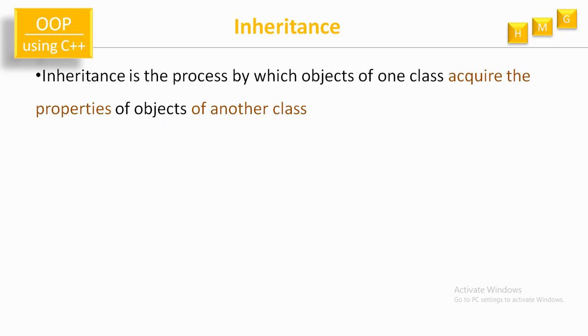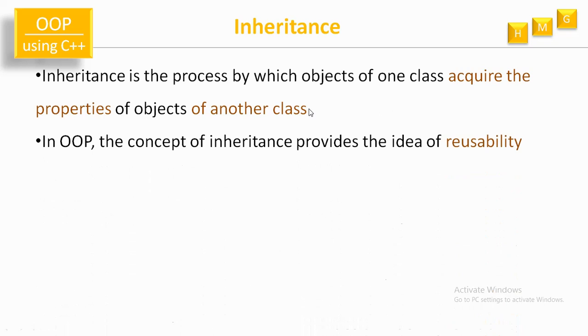With the help of one class, another class will be related to it, and the object of one class acquires the properties of the object of another class automatically.